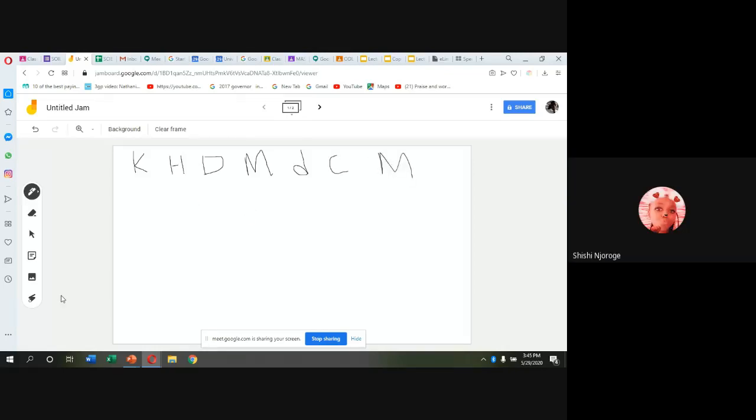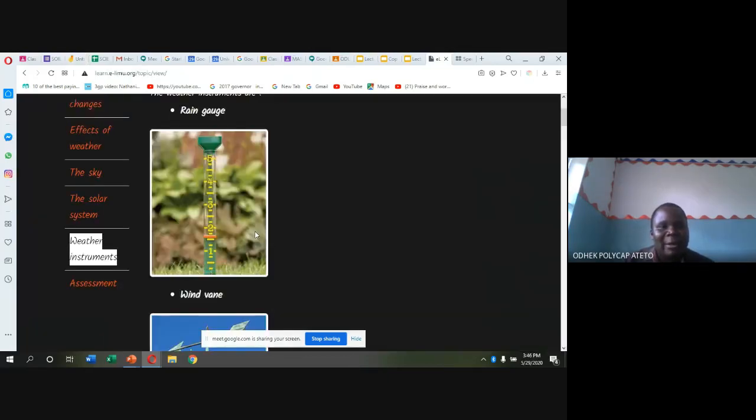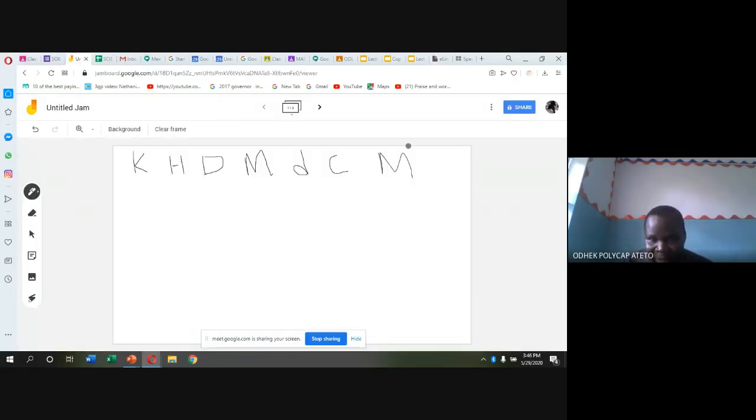So, I am mute. So what is happening here is, as we said earlier, that the units in the rain gauge, these units here, 1, 2, 3, 4, 5, 6, they are in millimeters. So millimeter is the smallest unit of length.